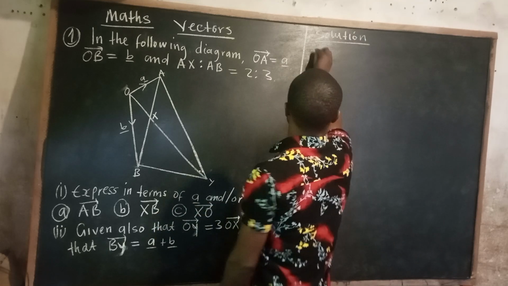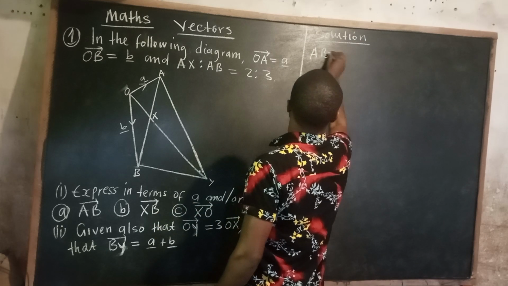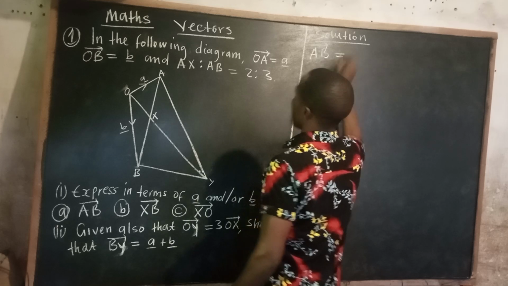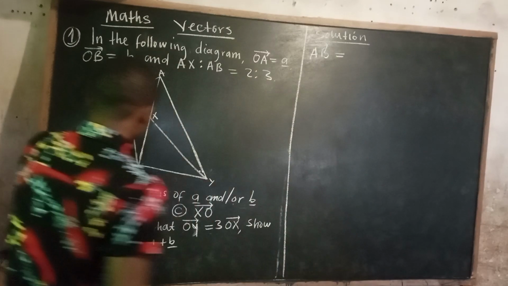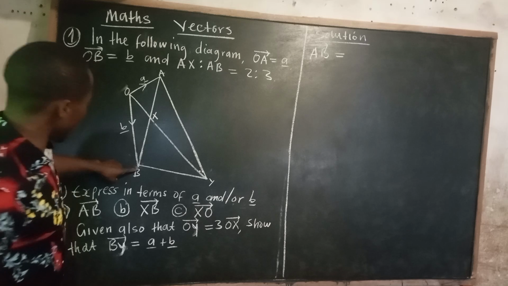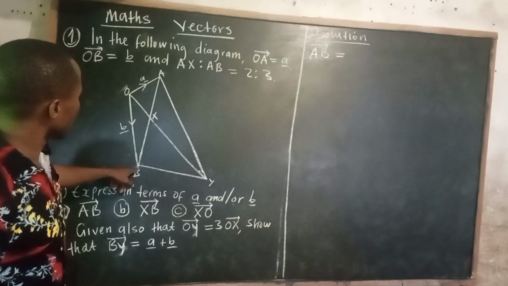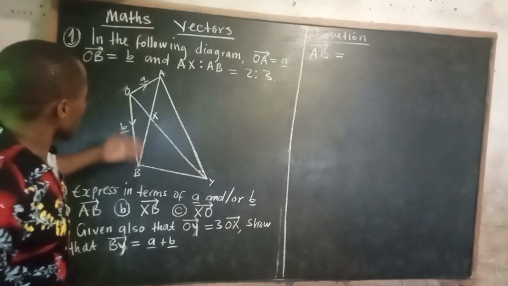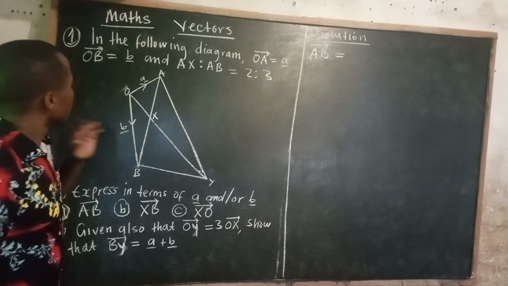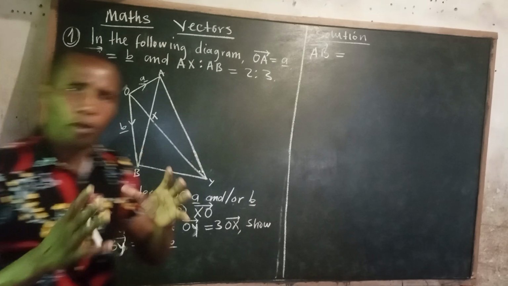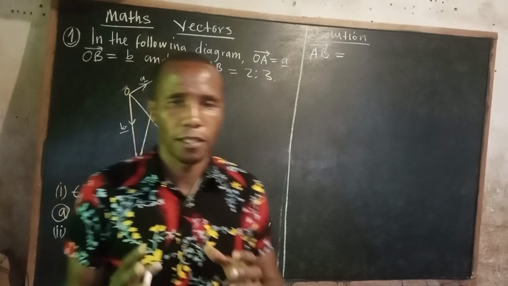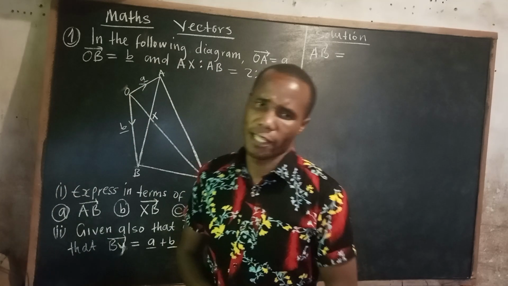So express vector AB. So we have A, B. That is the vector which they are asking for. Now here, the main point is actually to look at the direction.